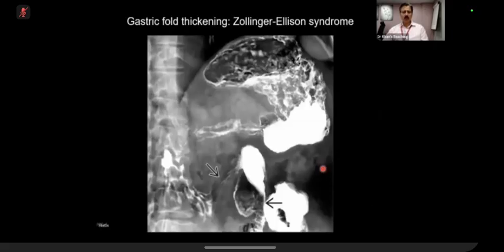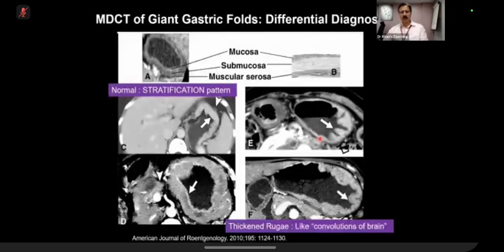This case is from literature of thickened rugal folds. But having said that, thickening of the rugal folds can also be seen on a CT scan. This paper here is slightly beyond your 2B level, so I don't want you to confuse yourself.